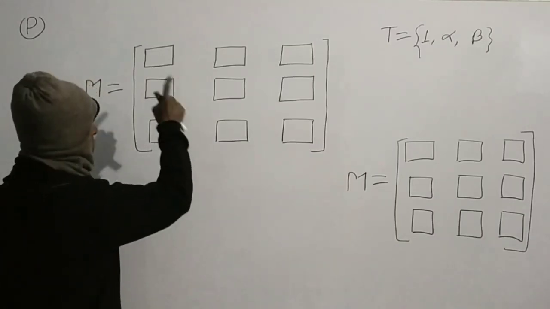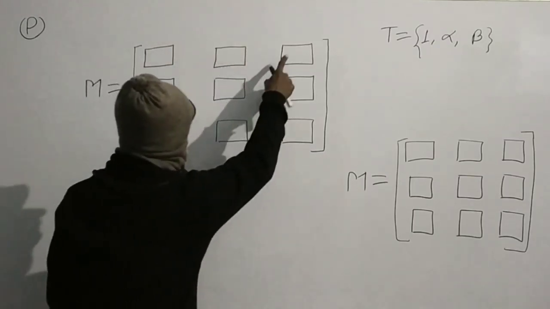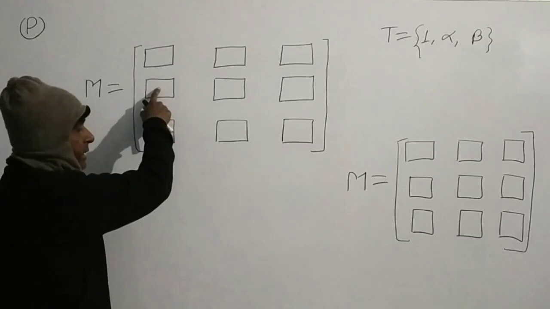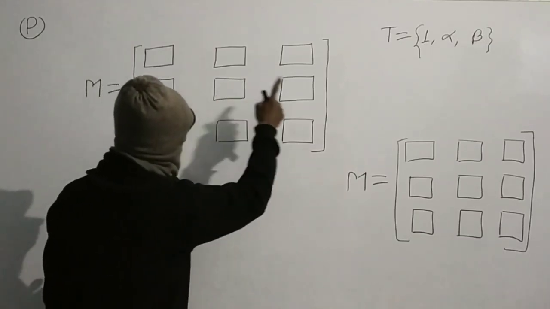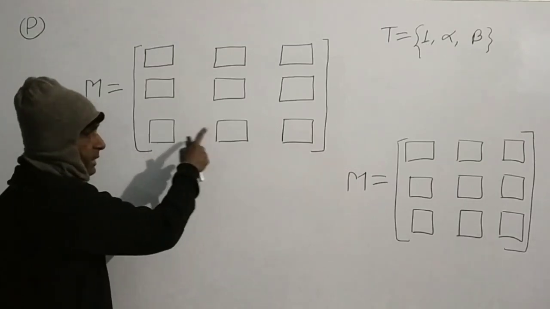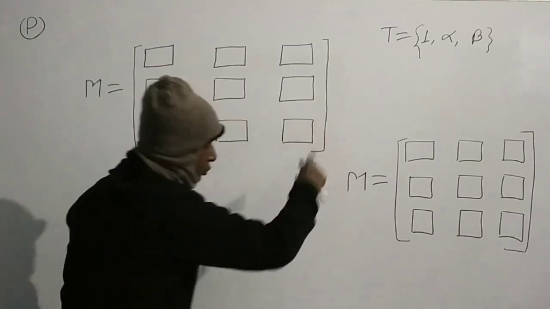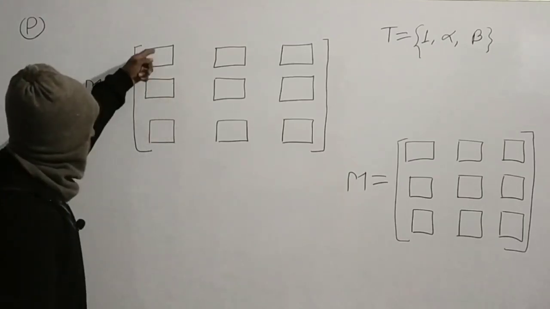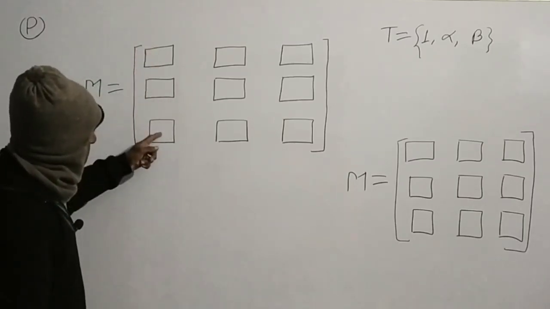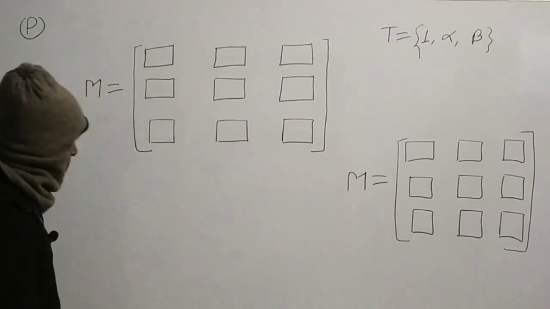That means the sum of elements here plus here should be 0. Elements here plus here plus here should be 0. Elements here plus here plus here should be 0. Similarly, this element plus this element plus this element should be 0, and so on.